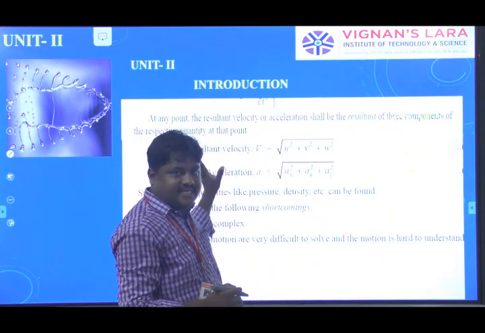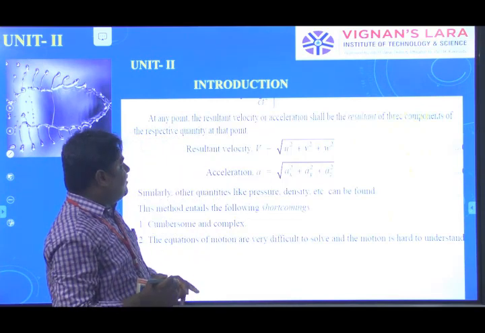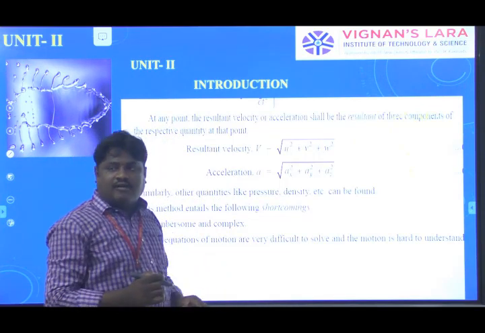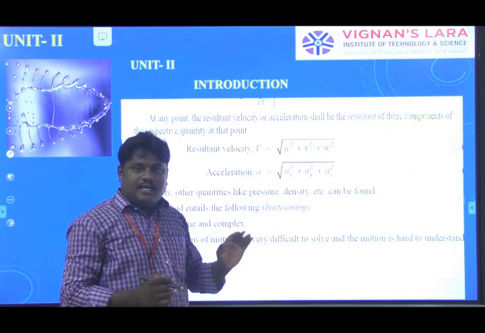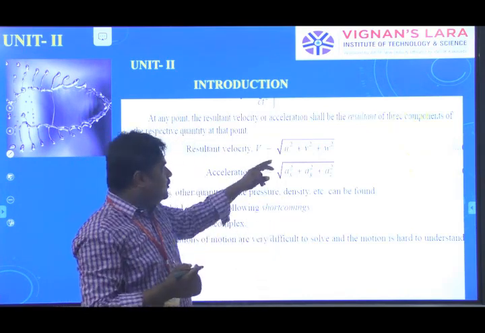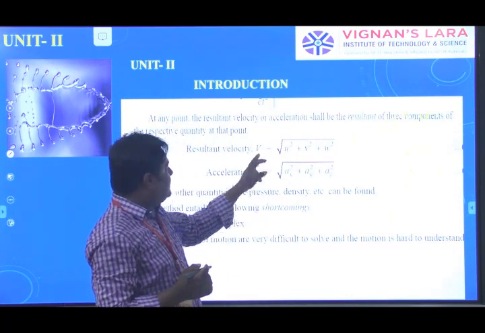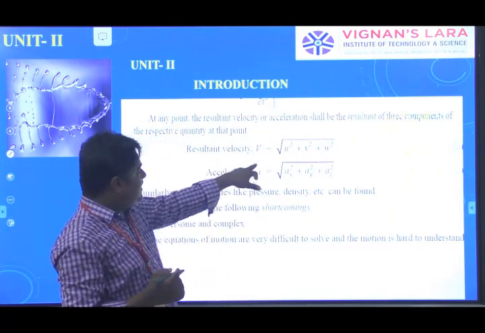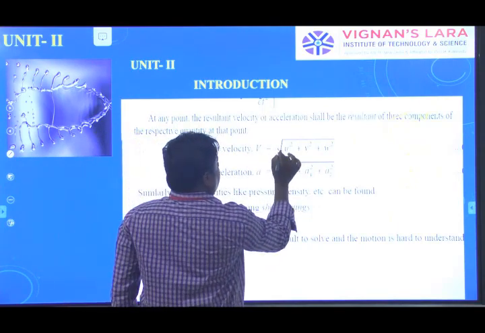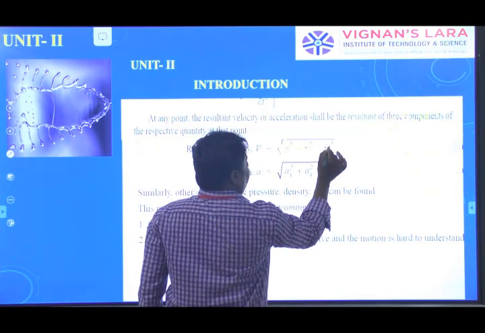But here we are considering fluid mechanics. That's why the resultant velocity V equal to square root of, here three directions will be there, the three directions x, y, z, or in the form of u, v, w with respect to time. So I have written the resultant velocity V equal to square root of u square plus v square plus w square.